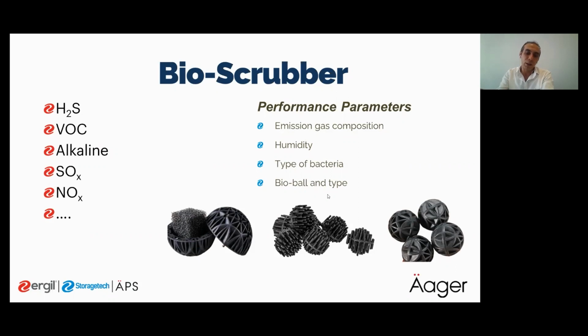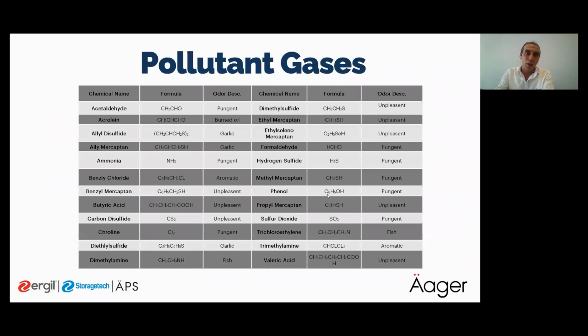Those affect the performance of bioscrubbers. Some example pollutant gases are aldehydes, disulfides, chlorines, hydrogen sulfides, mercaptans. Those kinds of things have bad smells and are harmful for health.